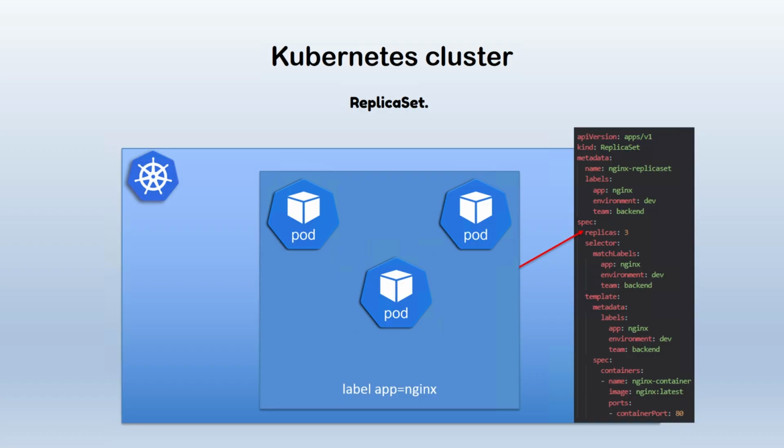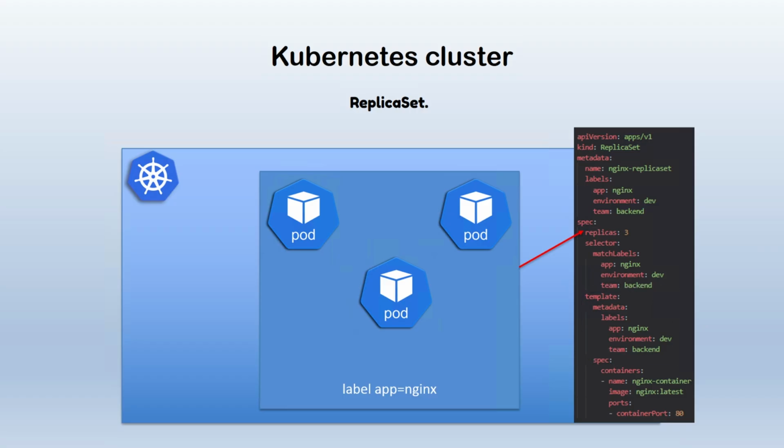Next, here you see the number of pod instances to maintain, in our case 3 replicas of pods. Next, you see in the spec the selector block, which defines how to identify pods managed by the ReplicaSet, and the spec template, the pod template used to create replicas.